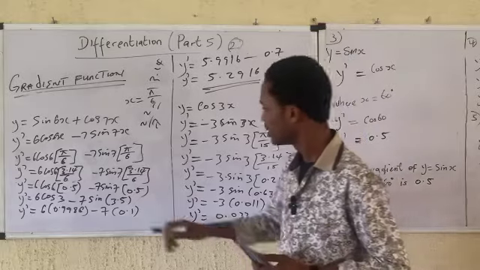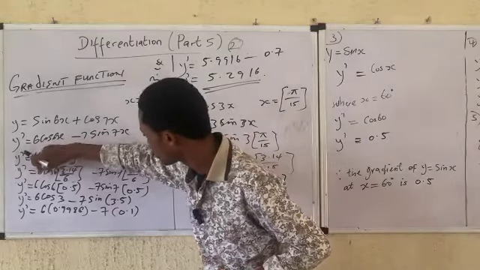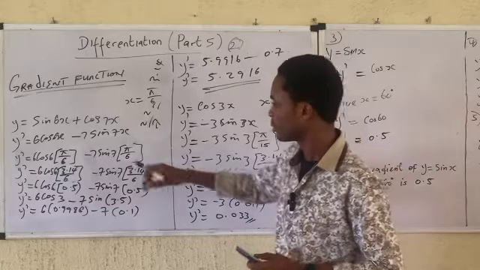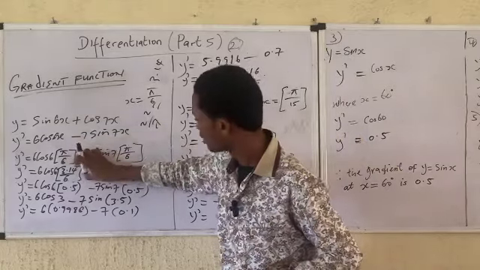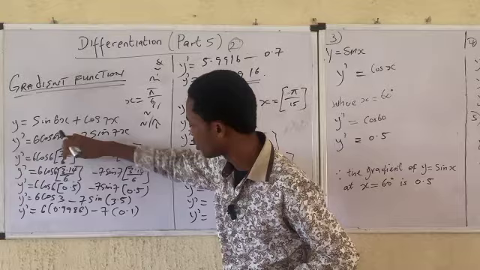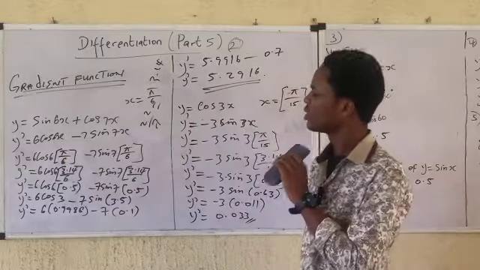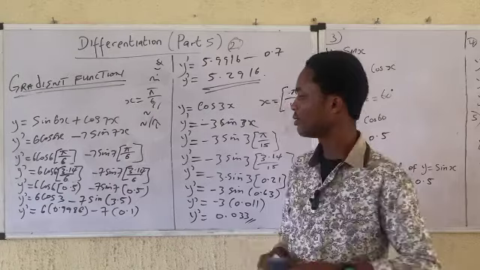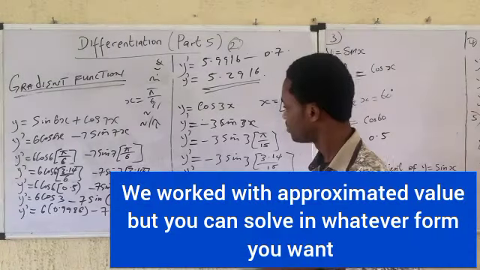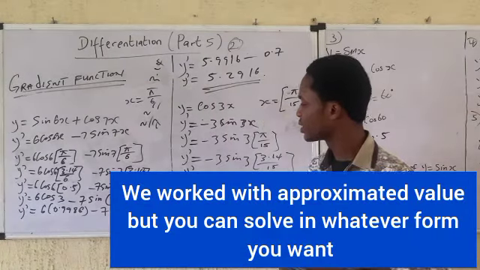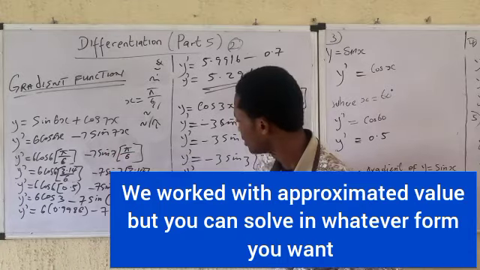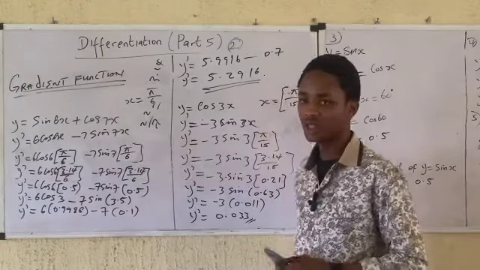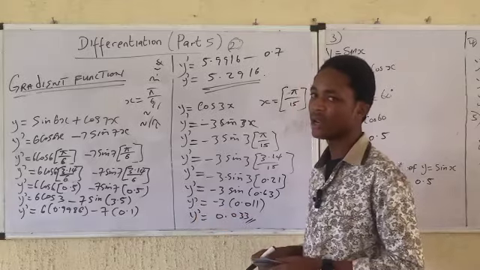Now y prime equals 6 cos 6, bracket open. Now we use this 3.14 to divide by 6. 3.14 divided by 6 will give us 0.52, minus 7 sin 7, and the same 3.14 divided by 6 gives us 0.52.